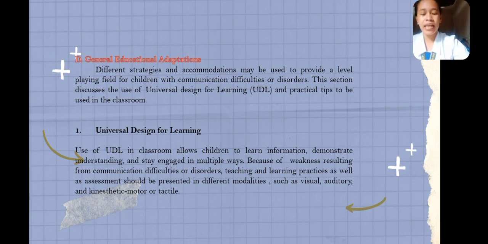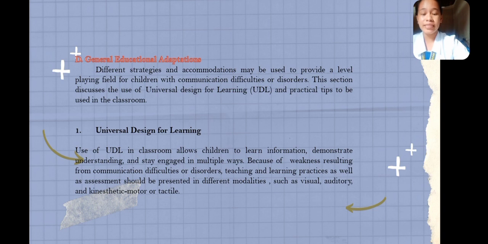This means that lessons are presented through various means such as pictures, videos, and hands-on experiential learning, and not solely by passive approaches such as reading from textbooks, lectures, and teacher-directed discussions.